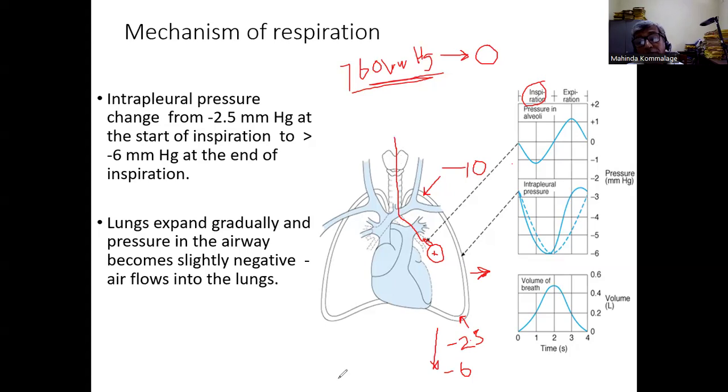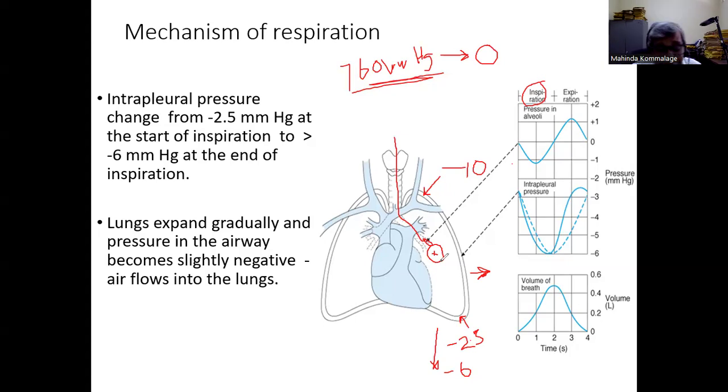So what should happen? Air should flow into the lungs. Yes, air should flow into the lung because now there is a pressure gradient. Of course, the pressure gradient is very low, 1 millimeter of mercury, but air should flow, right?